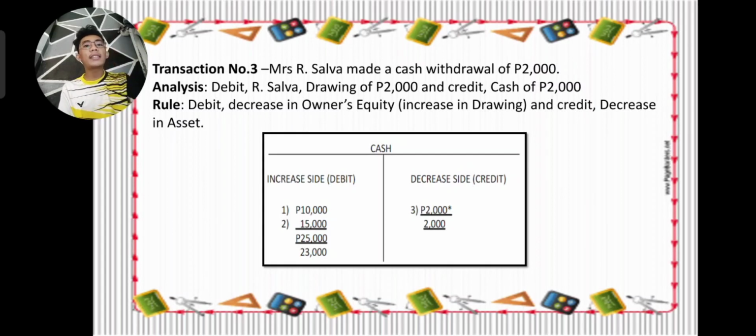Since Mrs. R. Salva made a withdrawal, we put it on the increase side of debit, where we subtract it from the 25,000 total invested by R. Salva. So what is left is 23,000. At the same time, we put 2,000 on the decrease side of cash, which is the asset.